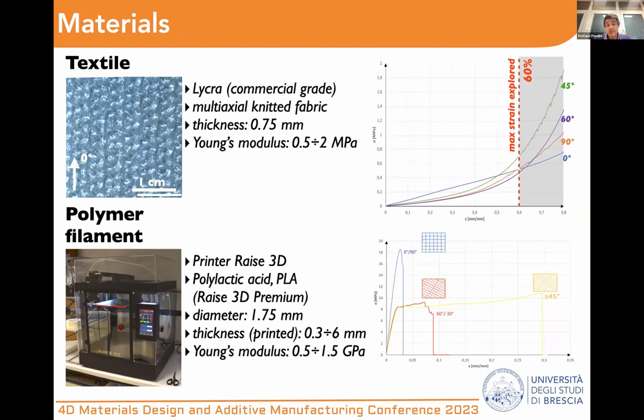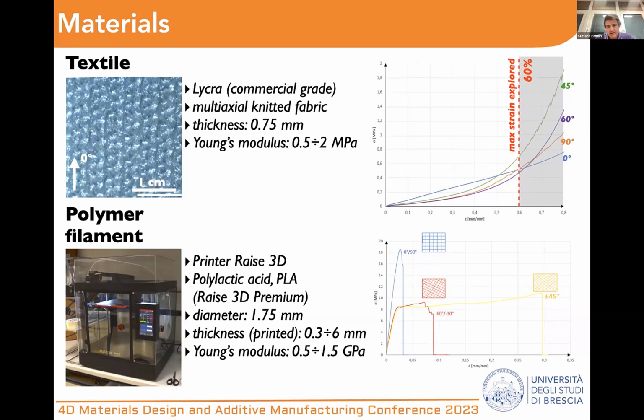The structural morphology of both materials is per se complex because they have an anisotropic behavior. However, in the case of the textile, this is particularly relevant above 60% strain, which was not explored here.